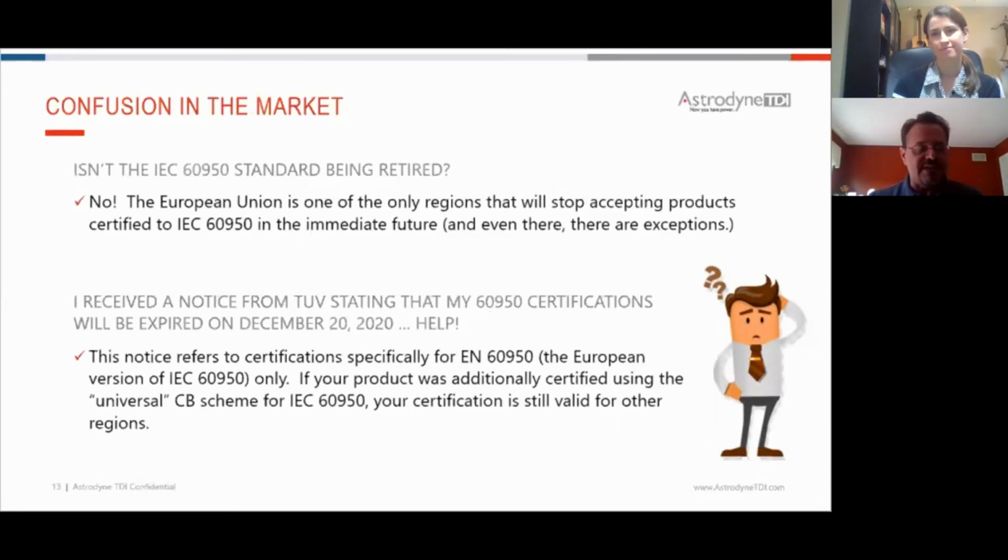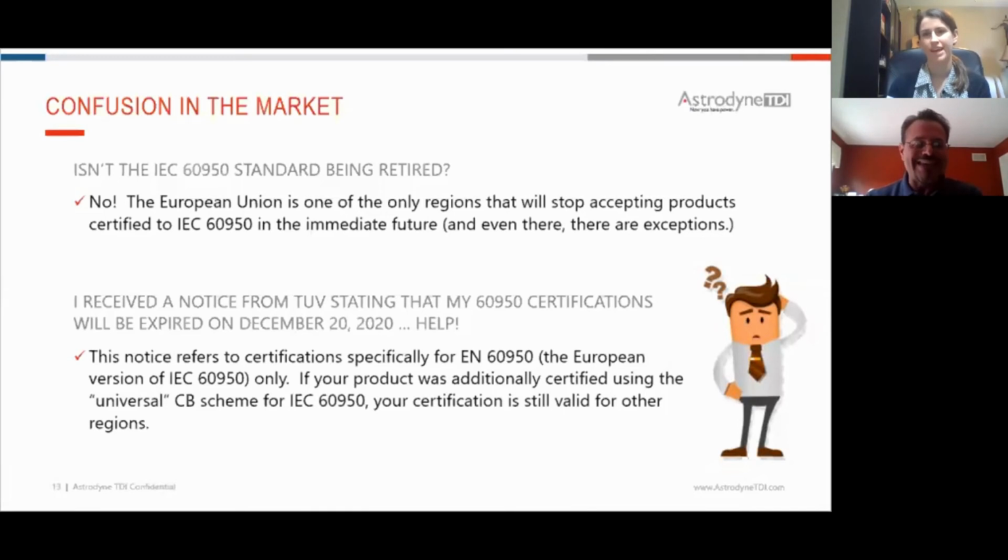Another question that I received recently was that somebody received a notice from TUV. TUV is an internationally recognized certification test house, like UL. TUV sent out warning notices to all of their customers saying, just so you know, your EN 60950 certification that you did 6 months ago is going to expire and no longer be valid as of December 20th. While that's true, it's not an emergency situation because, and you should check on this, probably that product was also certified with the CB scheme.